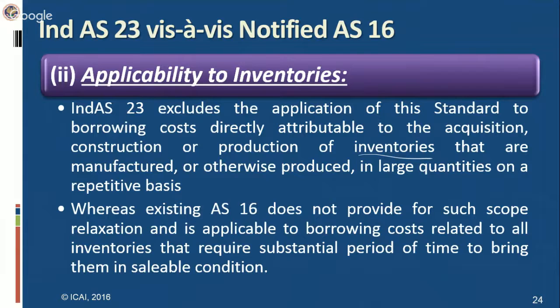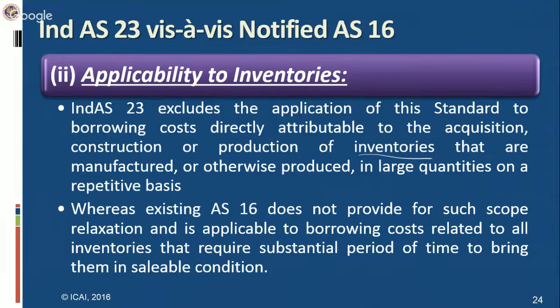So if the inventories are produced in large quantities, on a wholesale basis, and it is a very repetitive feature of our production, then the application of the standard to such inventories is excluded.